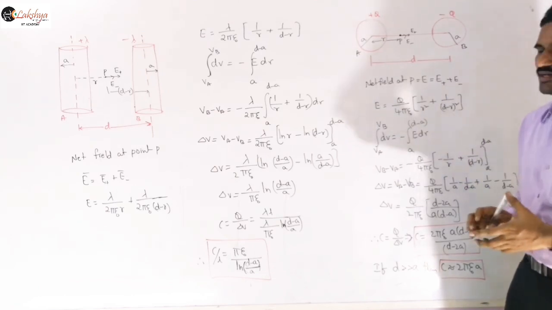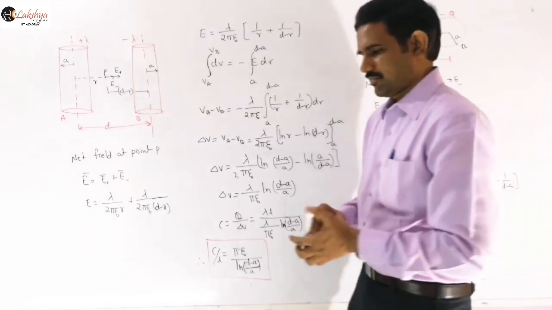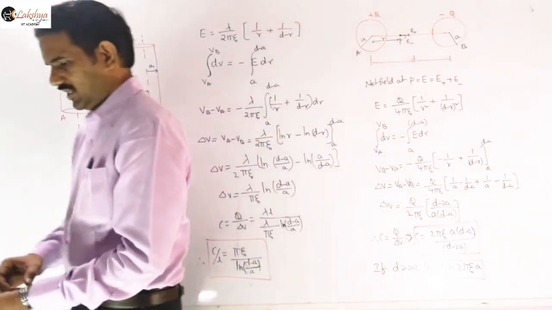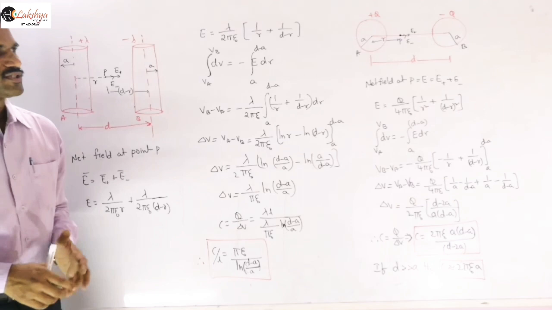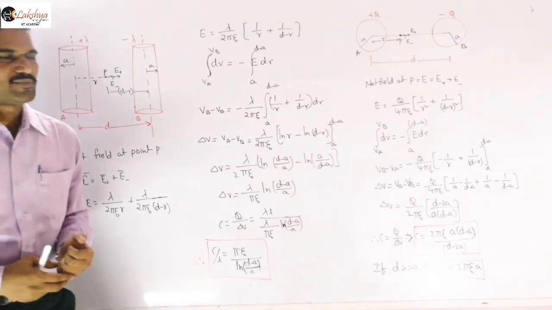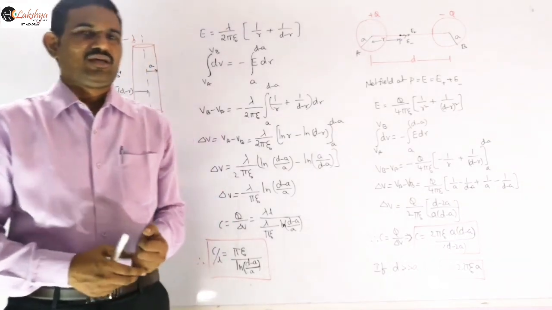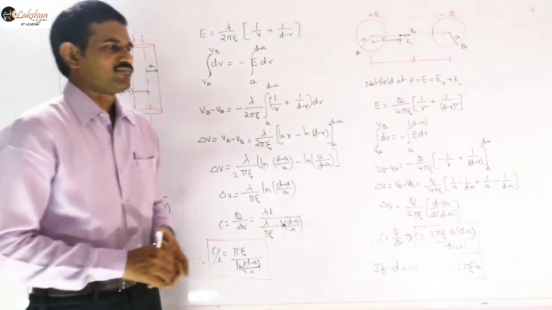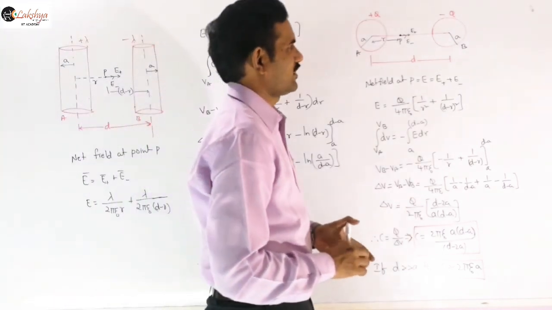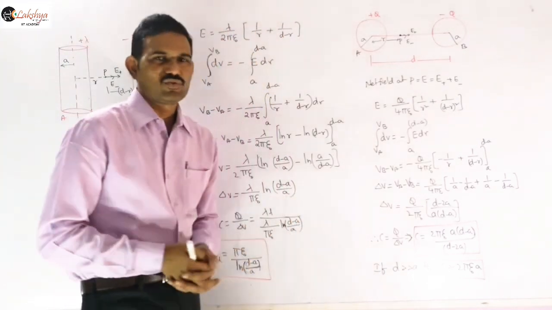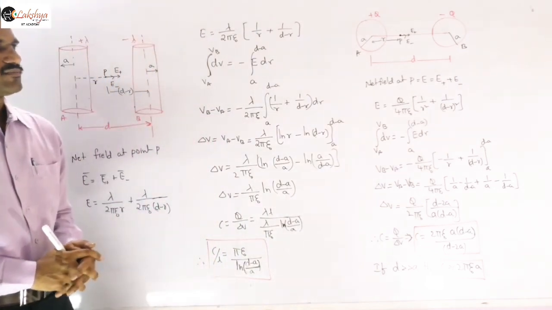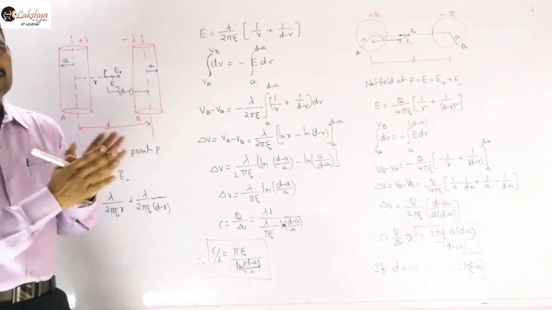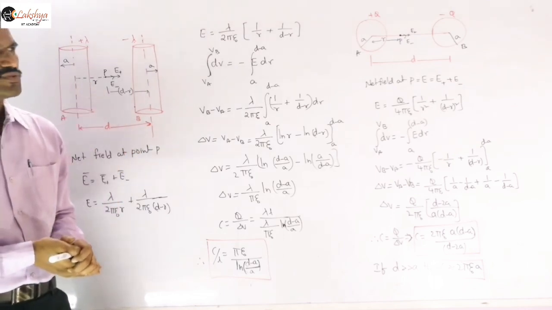So write this: two identical metal spheres, each of radius a, are separated by a distance d. Then find the capacitance between the two spheres. Here also our procedure is the same.